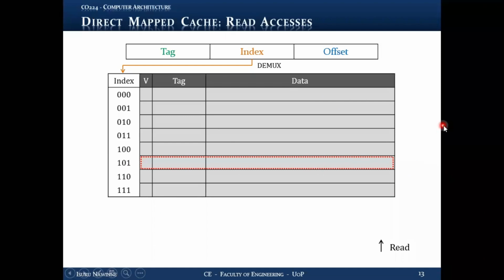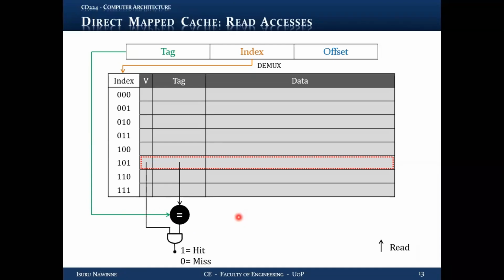Then we perform the tag comparison for that cache entry. We extract the tag from the cache and compare it with the incoming address's tag field using a comparator circuit. We discussed the other day that we can use XNOR gates to build our comparator.